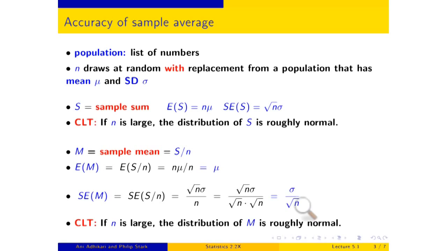And that is telling you that as the sample gets larger, that is as n gets larger, the standard error for the sample mean gets smaller. In other words, you get better and better and better at predicting the sample mean as you increase the sample size. And that's going to be a useful observation for the future. We will come back to that in much greater detail, but for now note, as the sample size increases, the sample mean gets less variable, the sample sum gets more variable.